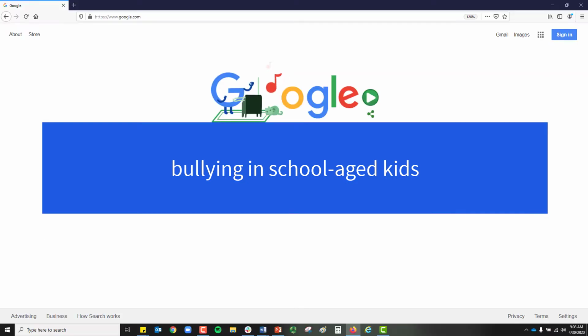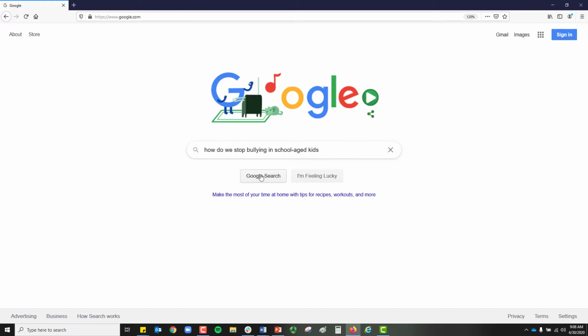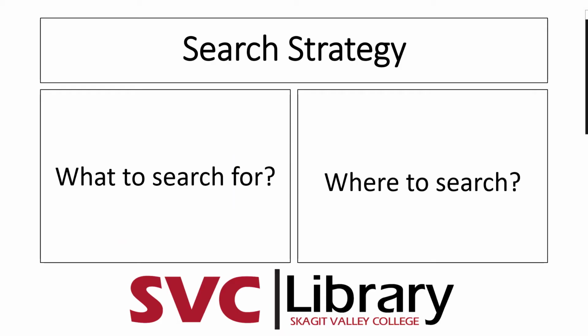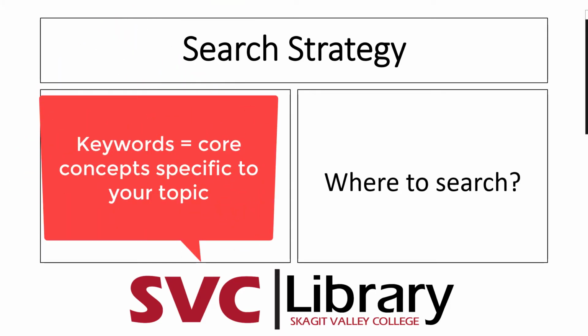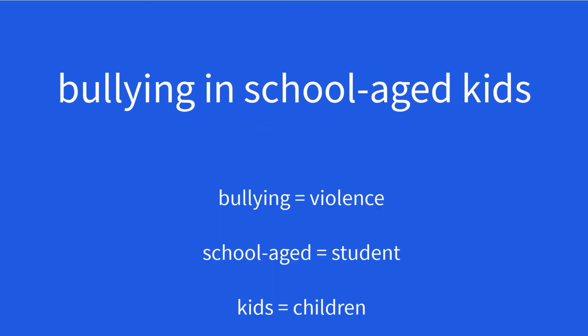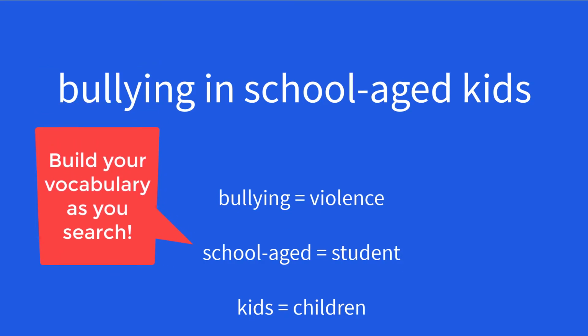Databases work differently than Google, so instead of writing my topic out like a question, I'll need to use keywords for library databases. Keywords are the most important words or phrases in your topic. So for me, it's bullying, school-aged, and kids. However, there are other ways to say these concepts, and the trick is to figure out what words the researchers who are publishing academic articles are using and adopt those words as my keywords.